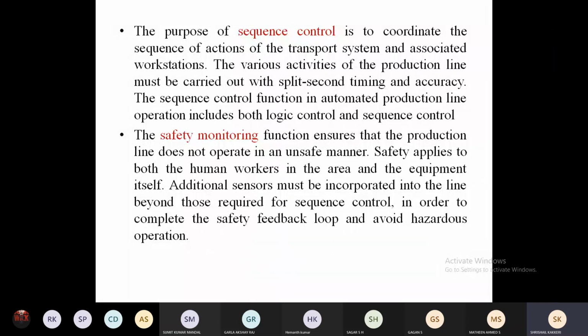Safety monitoring devices are provided on all workstations or automated devices to avoid hazardous operations and maintain safety.